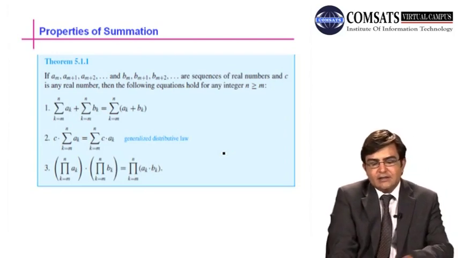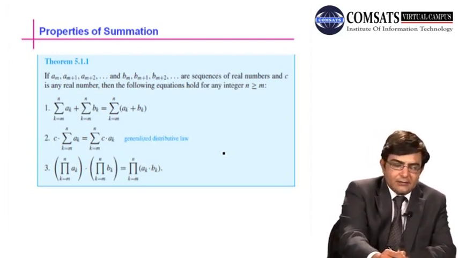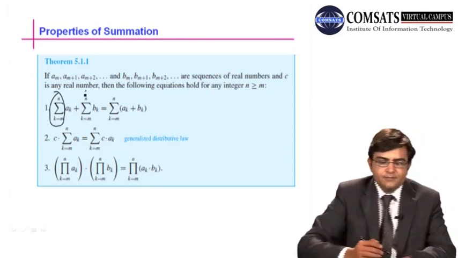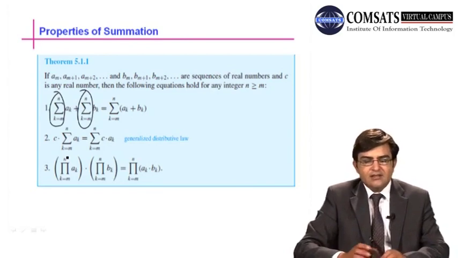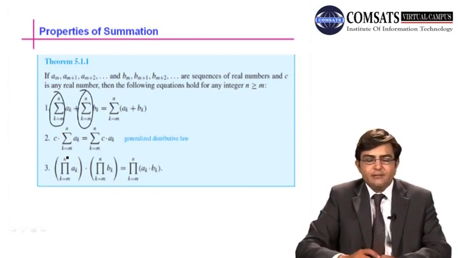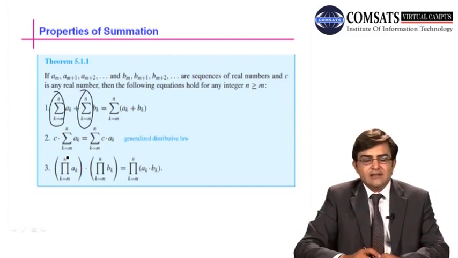One thing that is notable here is that the two summations have the same index. The index could be different, but the variation must be the same.